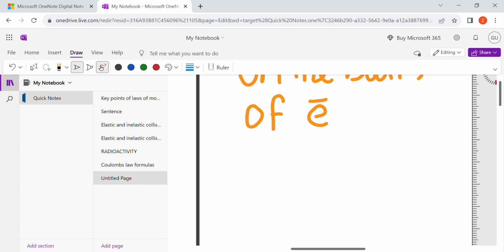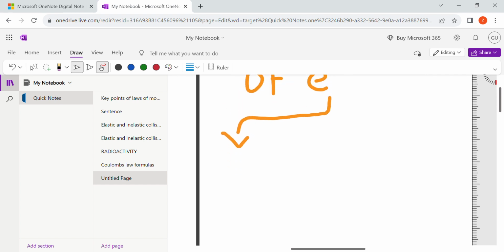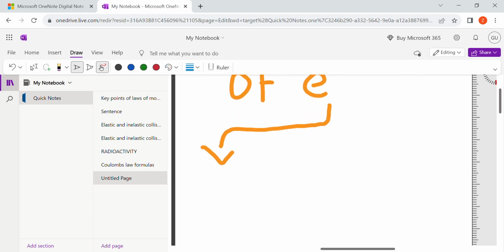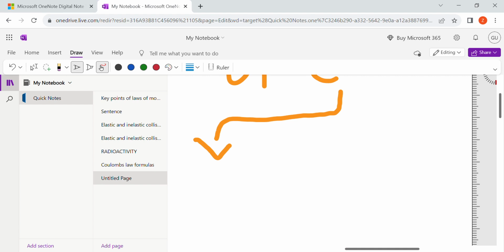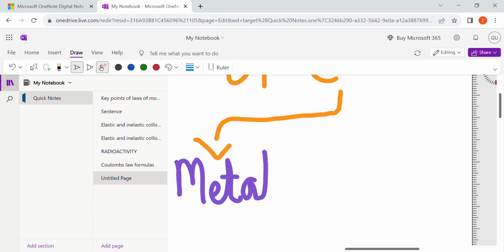metal atom. Here you have guessed right. We are going to discuss the metal atom. First of all, we're going to discuss the metal atom.